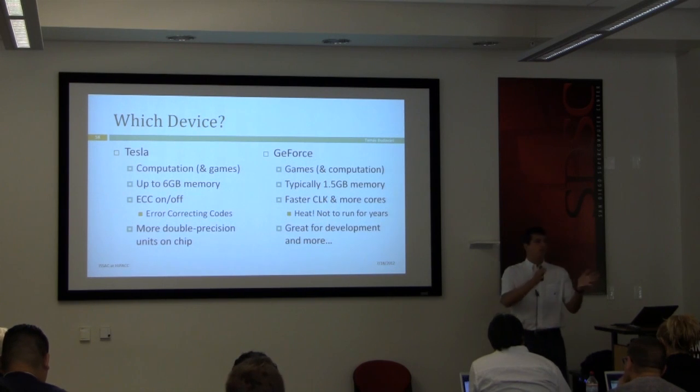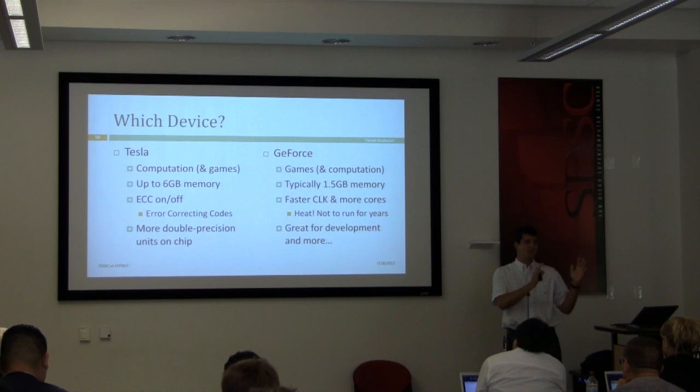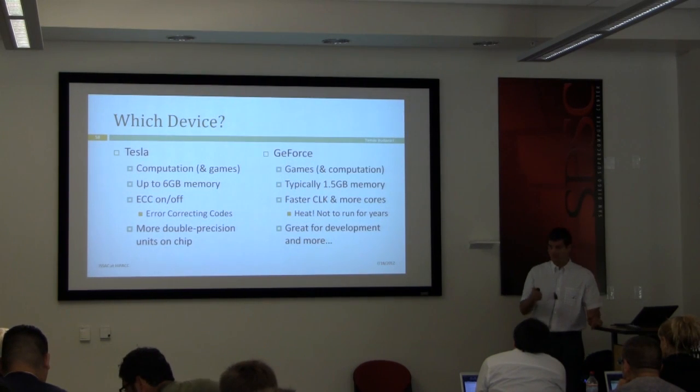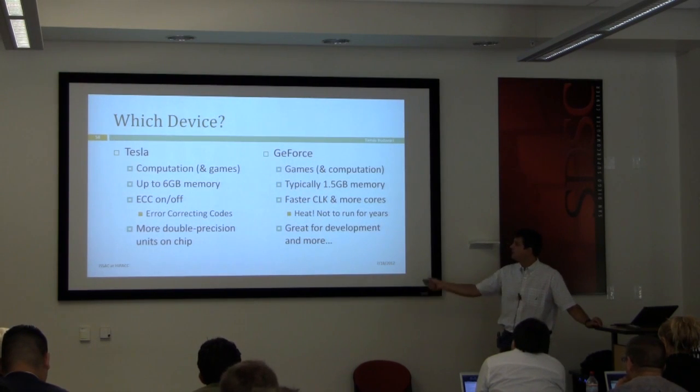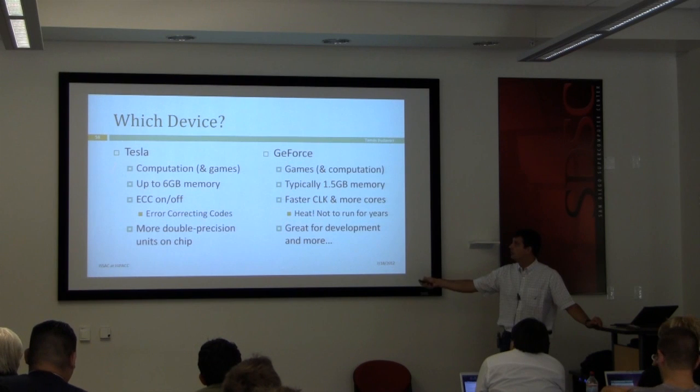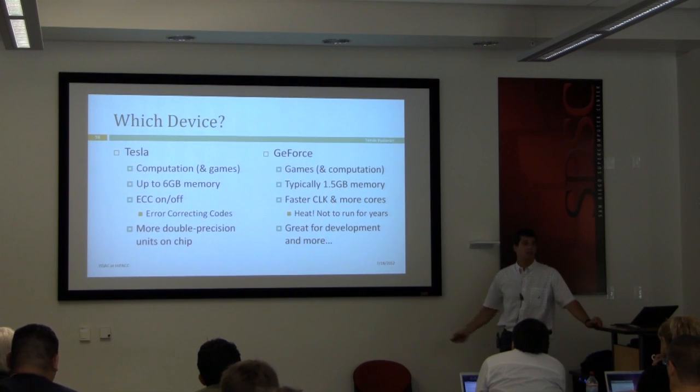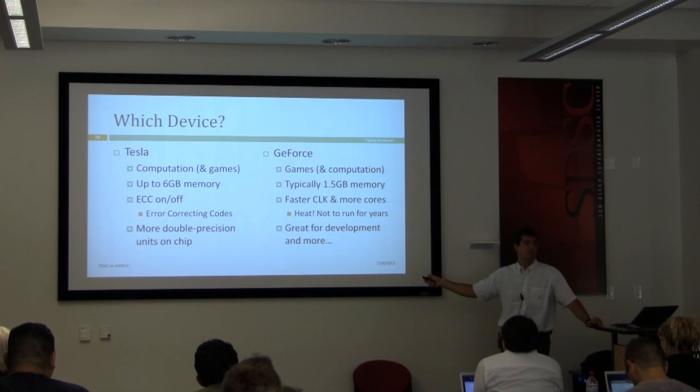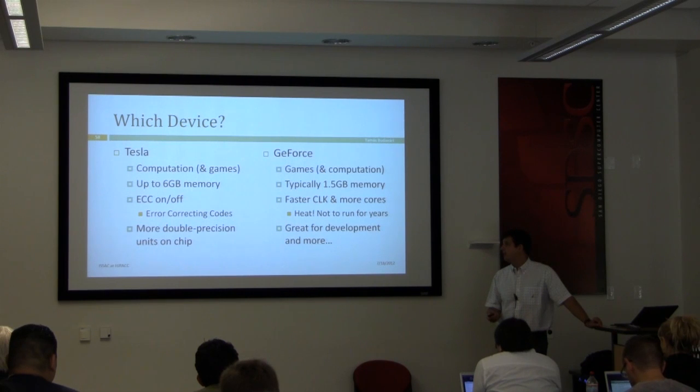Okay, so which device? There are 2 lines of cards, and they differ in price by a factor of 10, so you want to know which one is which. There's the Tesla line. Those are the high-performance computing cards that are typically installed in clusters, and they are mostly designed for computation. Some people game on them, but they have more memory, they have error-correcting memory, and they have more double precision units.